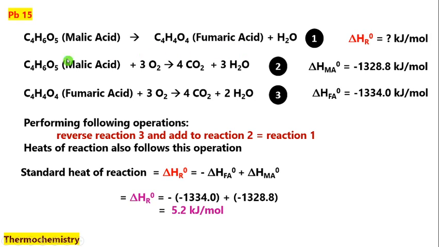In simple terms, all the data given to us, here heat of combustion data, I have to convert to some reaction and algebraically manipulate it. After manipulating, you should be able to get reaction 1, which is your required equation. Equivalently, the delta H values also have to be algebraically manipulated the way you have manipulated the equations.